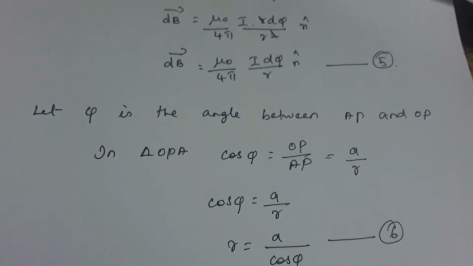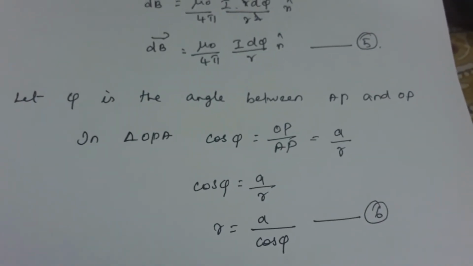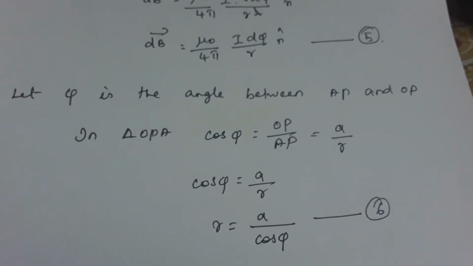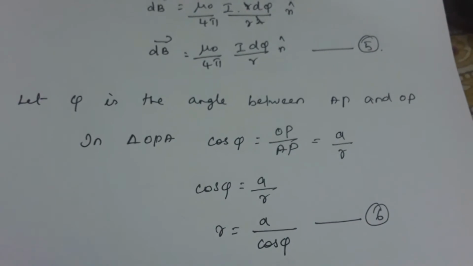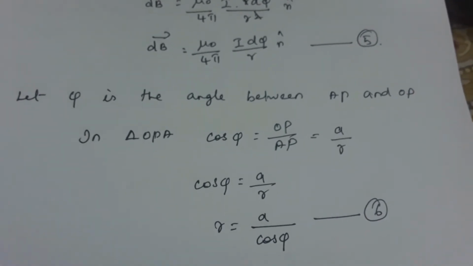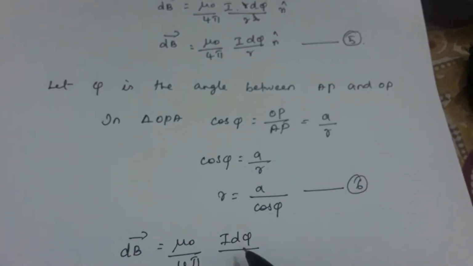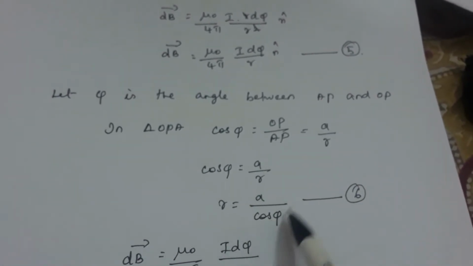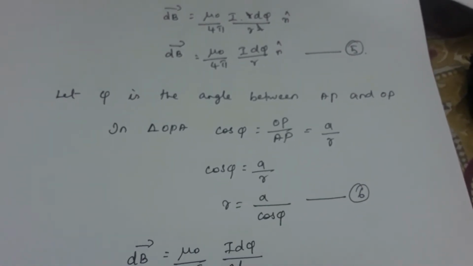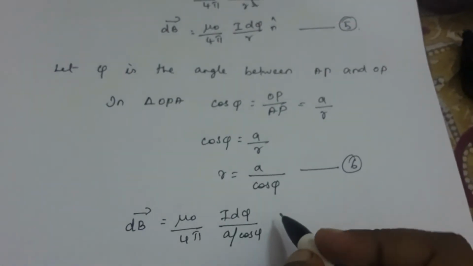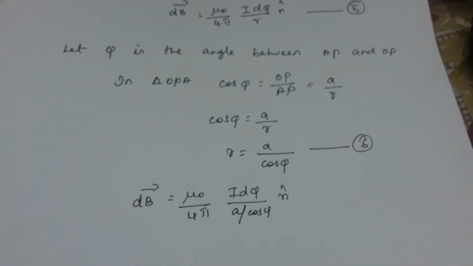What is 5? dB vector is equal to mu 0 by 4 pi I d phi by R, for R I am going to substitute A by cos phi, into n unit vector.